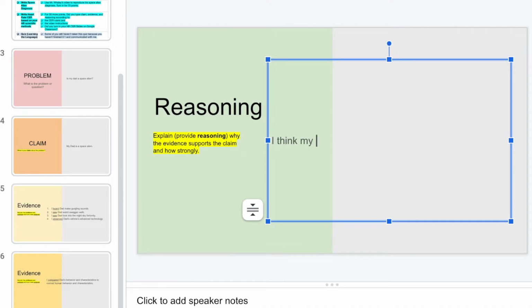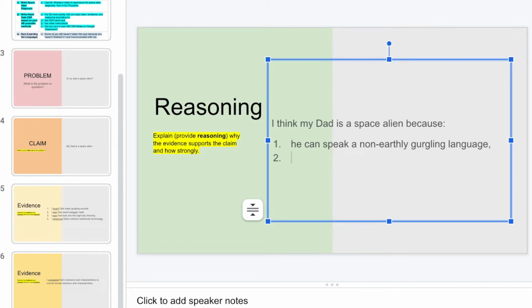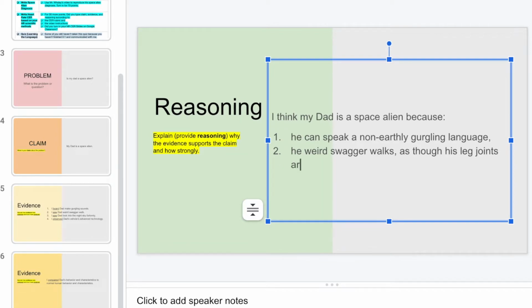I think my dad is a space alien because he can speak a non-earthly gurgling language. He weird swagger walks as though his leg joints are different from human anatomy.